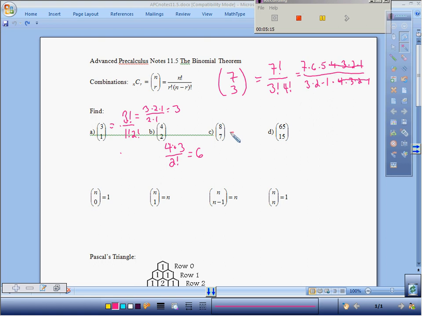So that would just be what? 8. Okay, and you could show, so that would be 8 factorial over 7 factorial times 1 factorial, right?